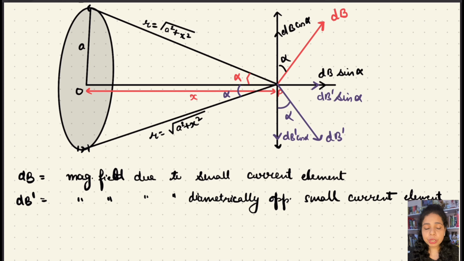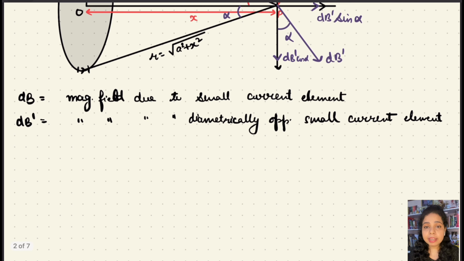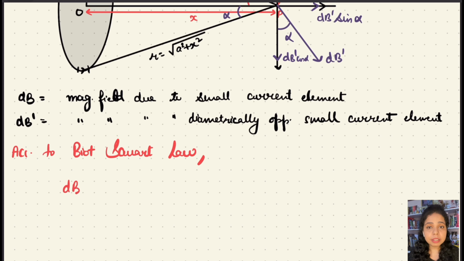And now what we need to do is apply the Biot-Savart law to calculate the magnitude of the magnetic field. As we have already calculated the direction, we have to calculate the magnitude.